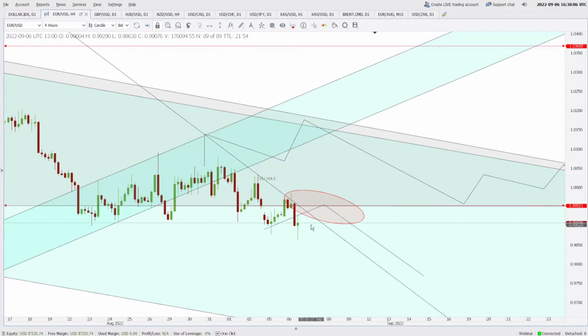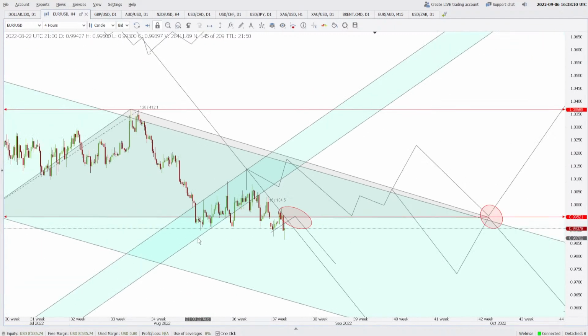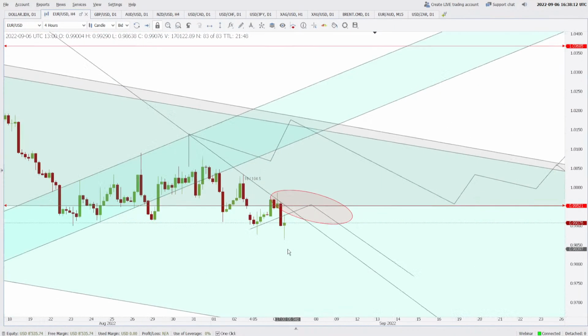This area is the same where the buyers were trying to support the euro earlier. If it is already in the support zone, that means if someone has to build long positions in the euro, this is the place. So maybe that's why the euro is still holding against the dollar today.